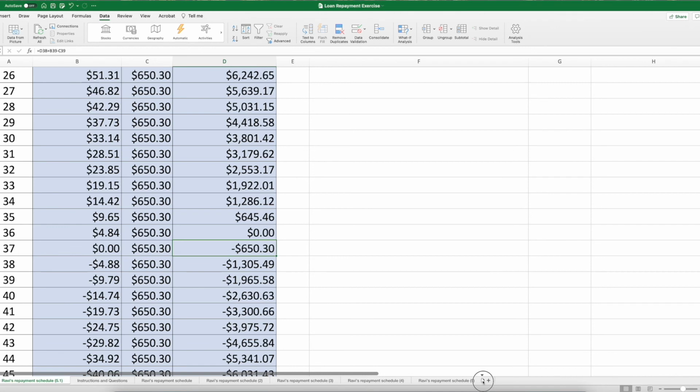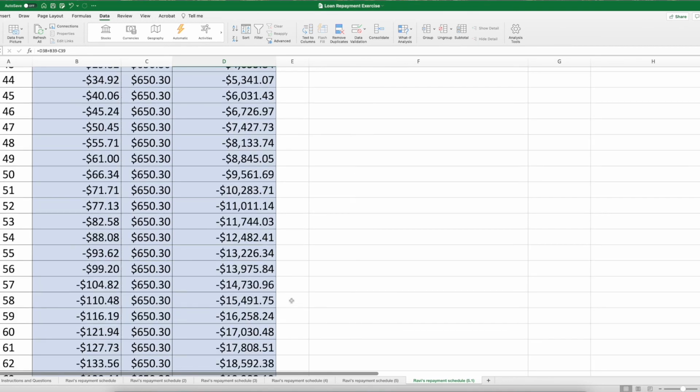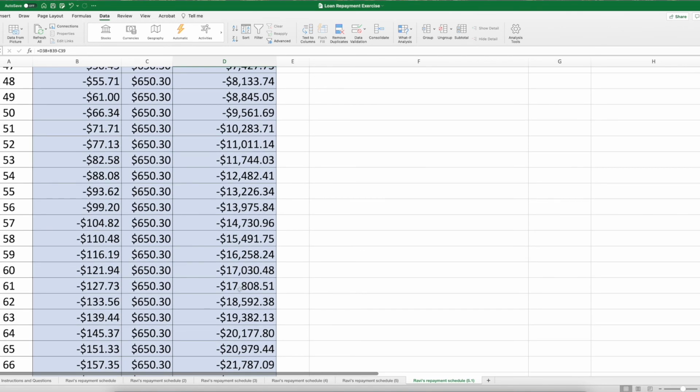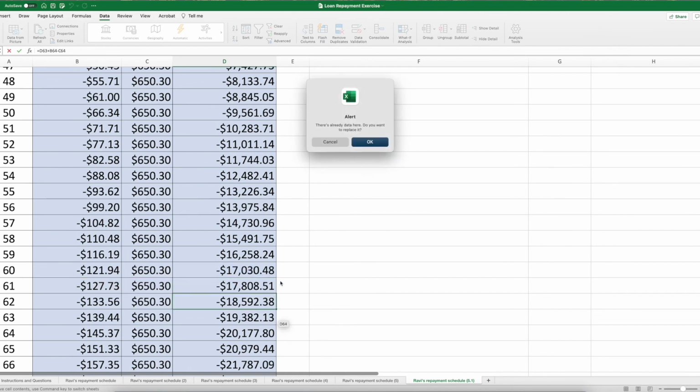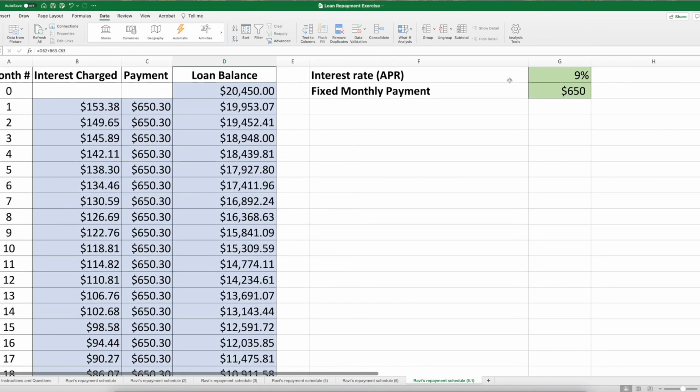It's just a sub question. Okay, so now in this case, we want the balance at the end of 5 years, so 60 months, to be 0. So we want this value to be 0, and we want to tell Excel to recalculate what the fixed monthly payment has to be.